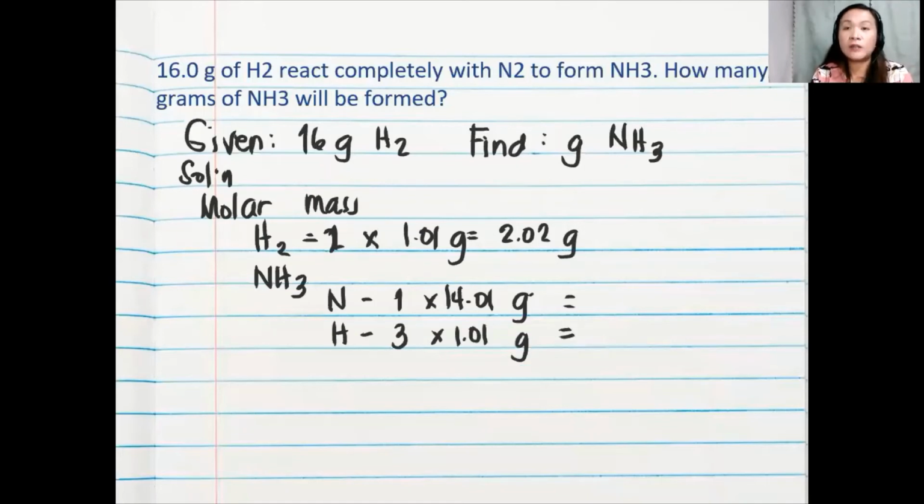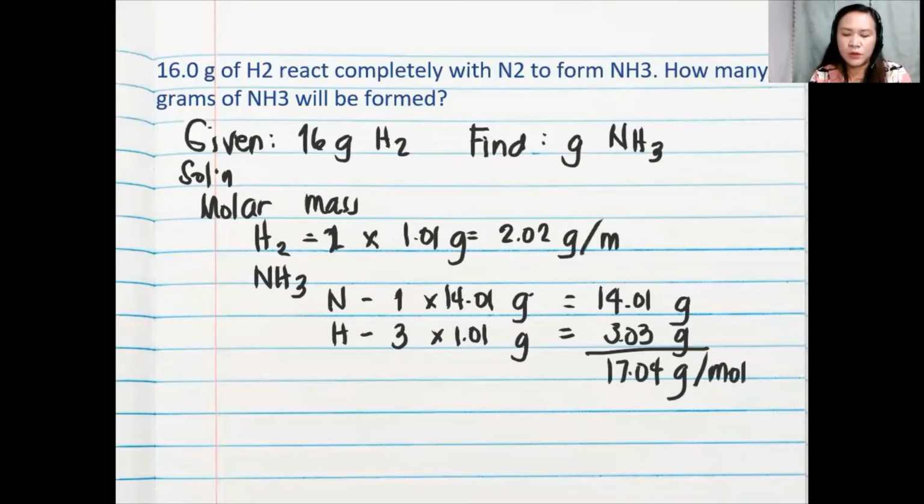And so for nitrogen, we get 14.01 grams, and for hydrogen, we get 3.03 grams. Okay, and so our answer will be 17.04 grams per mole. This one is also per mole. Okay, so take note of their molar masses because we will be solving this kind of calculation.